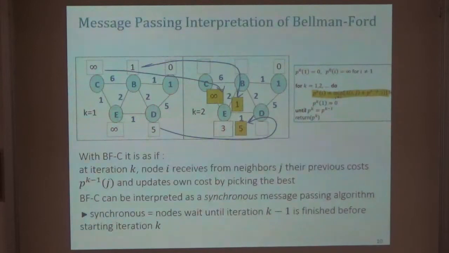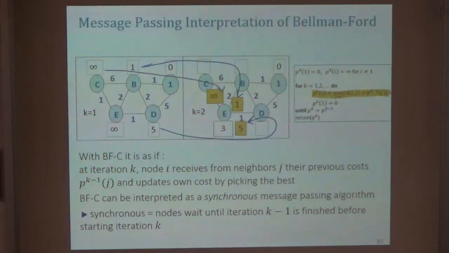So an important way of thinking of this is that centralized Bellman-Ford can be interpreted as synchronous message passing. In one round, synchronously, all nodes receive from all neighbors a message that contains the values at the previous round, and then a node computes the value for the next round. We will see that that's the core idea in distance vector routing. In distance vector, we'll do that exactly, except it will not be synchronous.